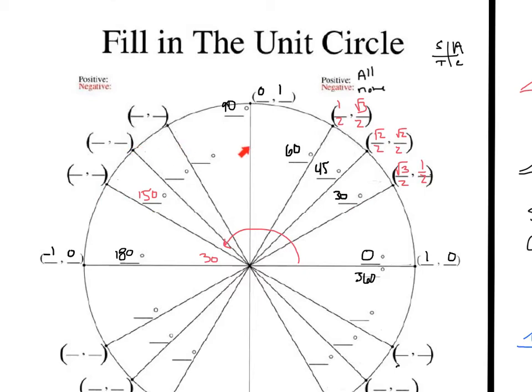This guy was from the 45 degrees, so this rotation is 180 minus the 45, which is 135. And notice the reference angle is equal to our 45, 45, 90.